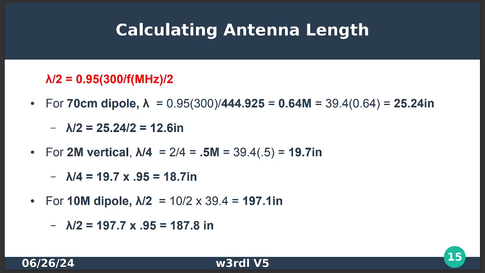So for a 70 centimeter dipole, 0.95 times 300 over 444.925 ends up becoming 0.64 meters. Then if you do the math with 39.4 inches per meter, you would come up with 25.24 inches. And remember that that is a whole wavelength.